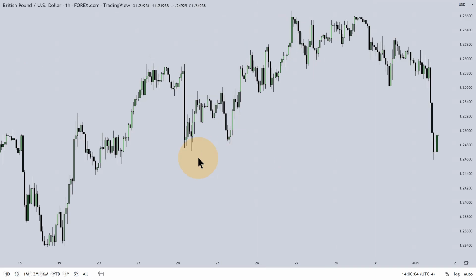So I'm focusing on these relative equal lows here, because if I do that, I'm using this low to this high. This is equilibrium.